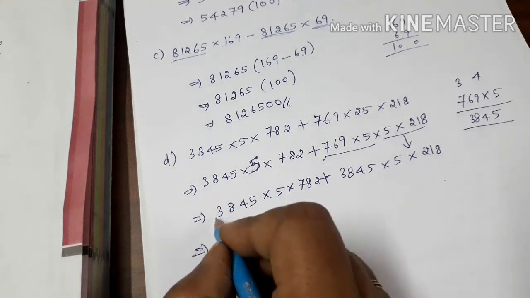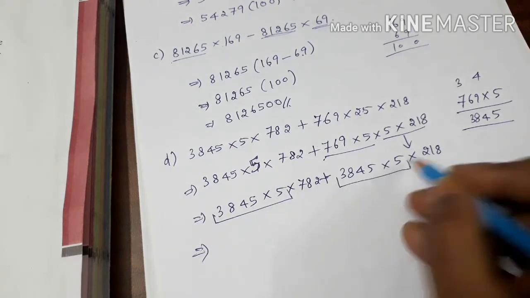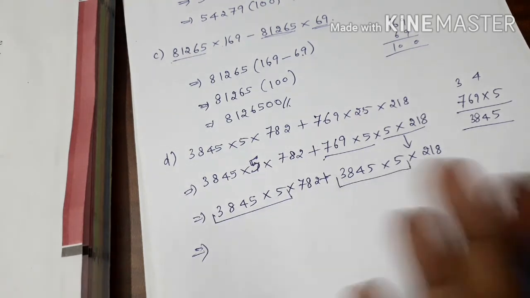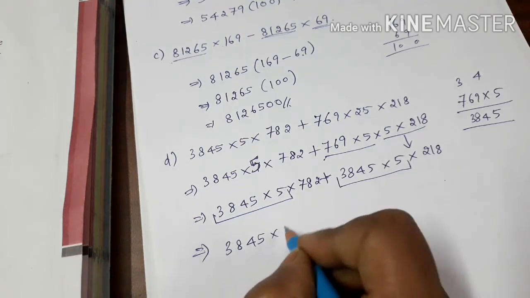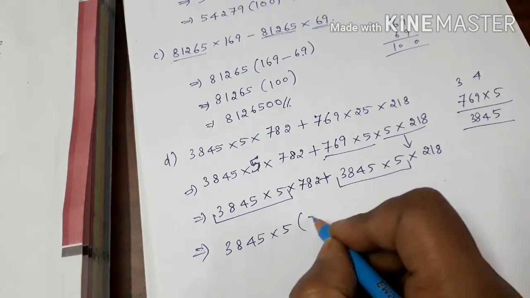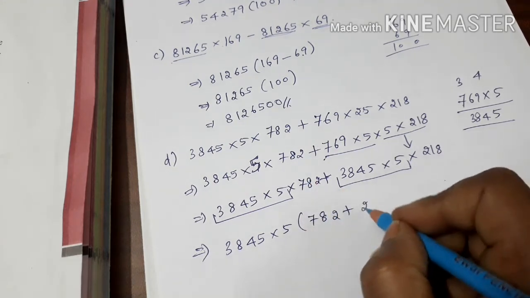Now when we compare the two terms, both are the same, so we are taking them outside. 3845 into 5 into the remaining terms 782 plus 218.